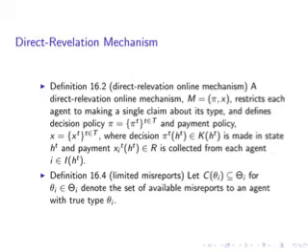Limited misreports constrain the strategy space available to agents in a direct revelation online mechanism. Let's see definition 16.4, which is limited misreports.